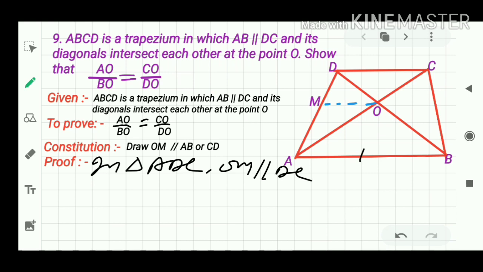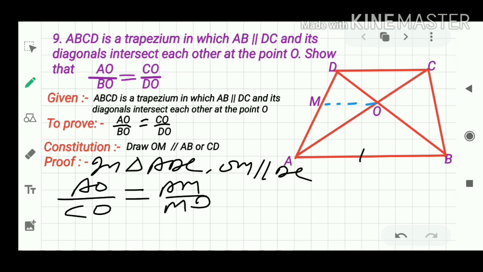Therefore, we can write AO by OC or CO equal to AM by MD, equation 1, by basic proportionality theorem. You can write the reason in the bracket.